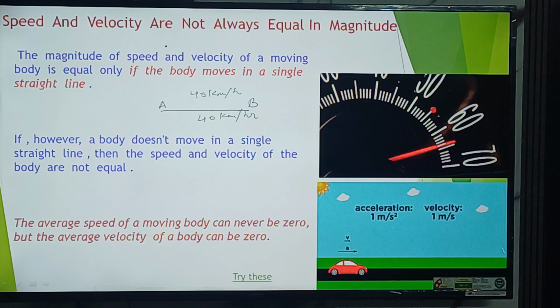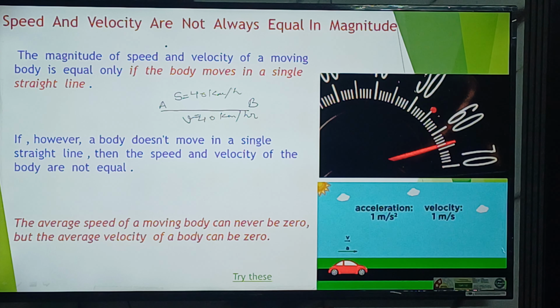In a straight line we have a single direction, and in that case, if the speed is 40 kilometer per hour, then its velocity will also remain the same, 40 kilometer per hour.